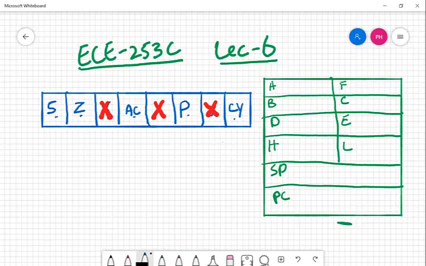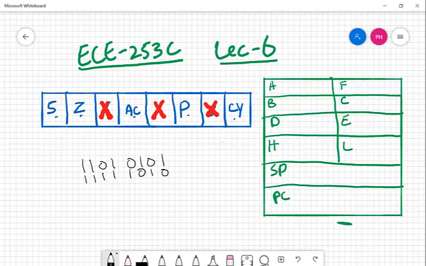For example, if we are adding two numbers like 11010101 and 11111010, we are adding these two numbers.